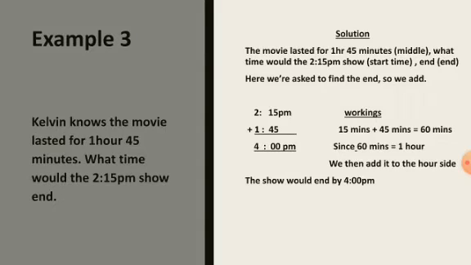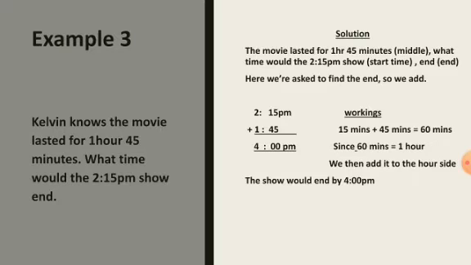Now, you don't just write your 60 minutes as the answer. Remember, we are working with time and not your regular numbers. 60 seconds make 1 minute, 60 minutes make 1 hour. So since 60 minutes equals 1 hour, we'll have to change it to hour.